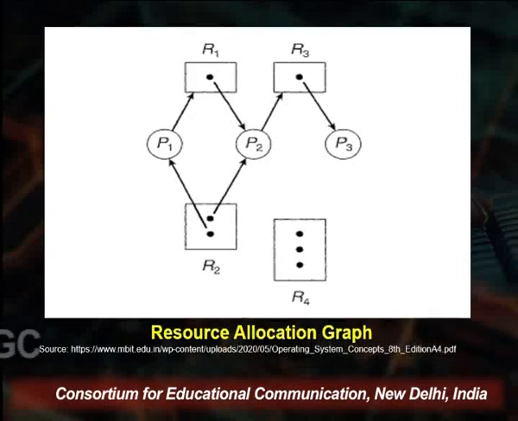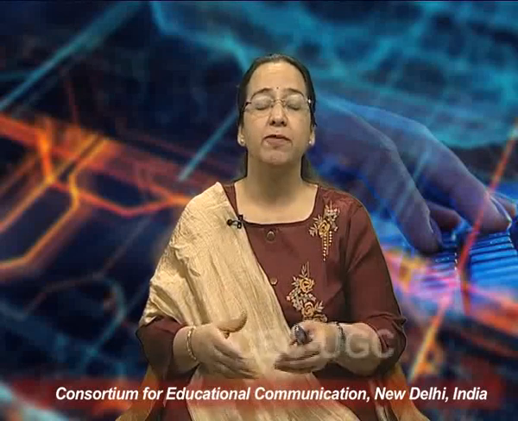How this graph is going to help us in detecting a deadlock in a system, and what situation within the resource allocation graph is to be monitored for deadlock occurrences, all of that we are going to see in our upcoming lectures.